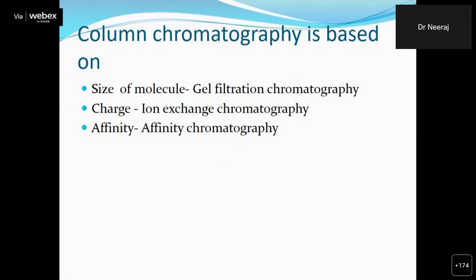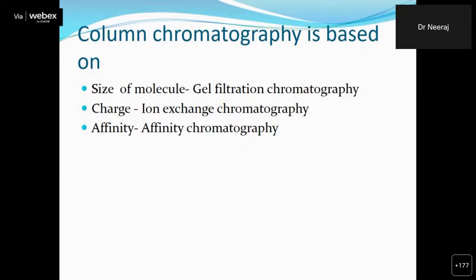Now the third part depends on affinity. What is affinity? Affinity to a particular molecule. We add some coenzymes, as different compounds present in the mixture have different affinities.